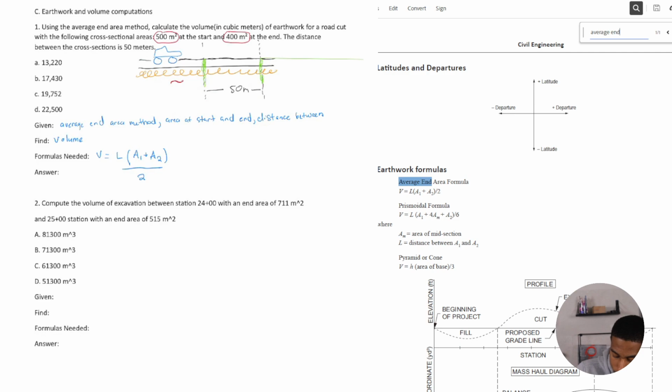All right, what's the length? The length is our 50 meters, area 1 is the area at the start, 500 meters squared, and area 2 is 400 meters squared.